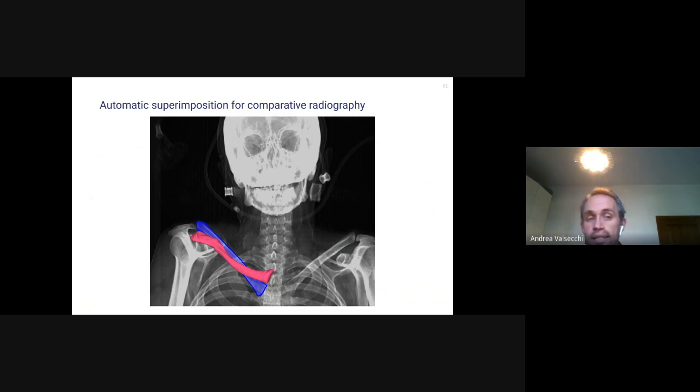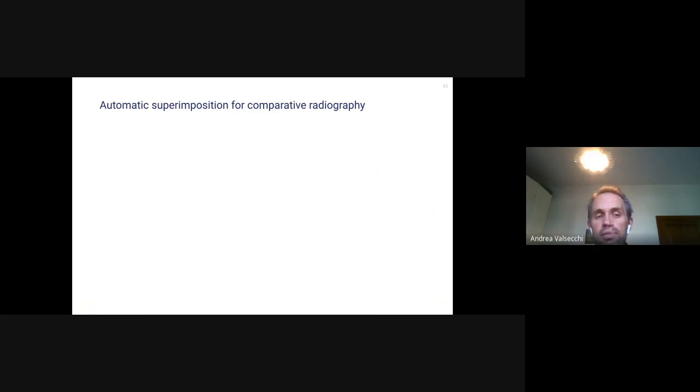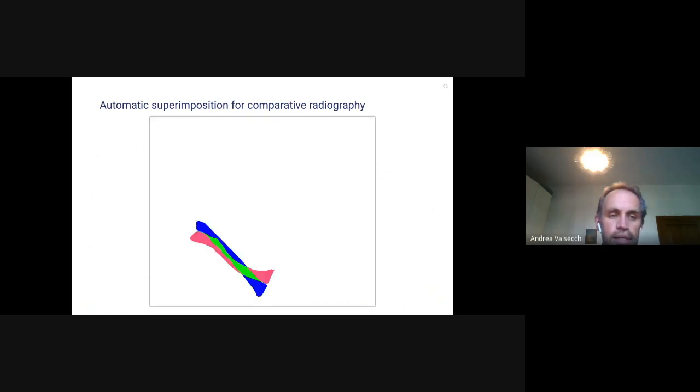Now I want to measure how big the overlap is. I draw it in green, and we can see that there is some overlap, but we can do much better. Maybe we can try other camera parameters.